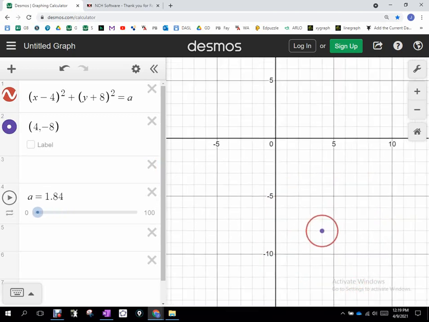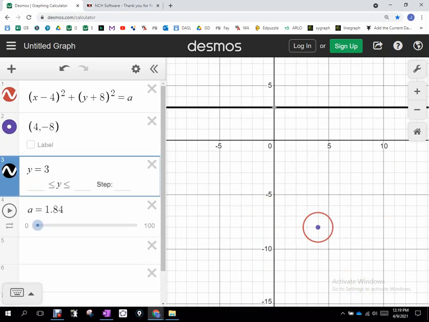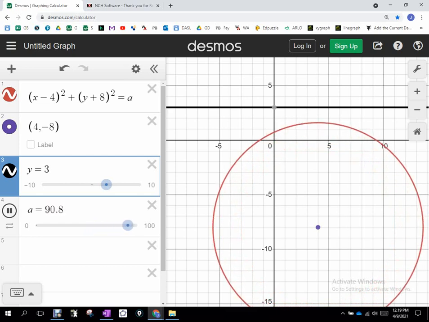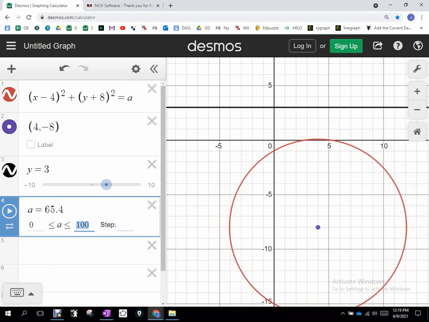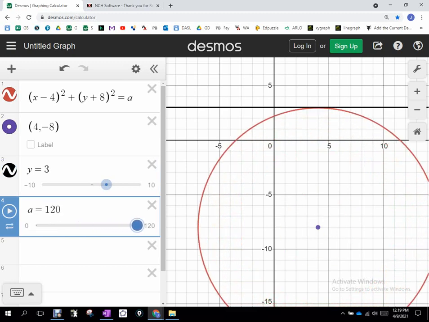So if we said the line y equals 3, we've got to be tangent to that line. Is this circle tangent to that line? No. Oh, didn't go far enough. Okay, so let's go. I think they go to 120. Is that circle maybe tangent to that line?